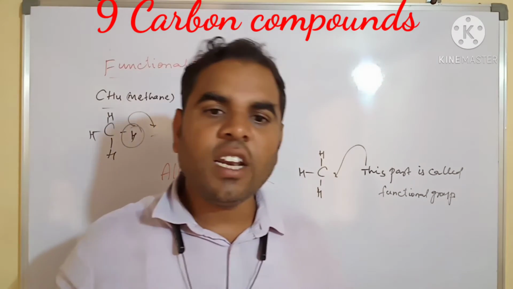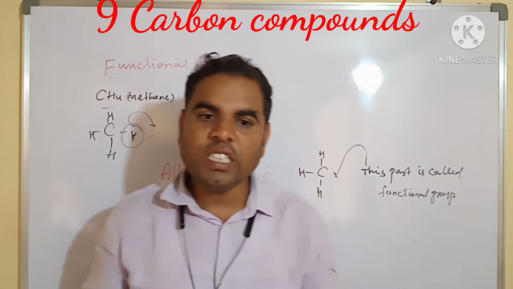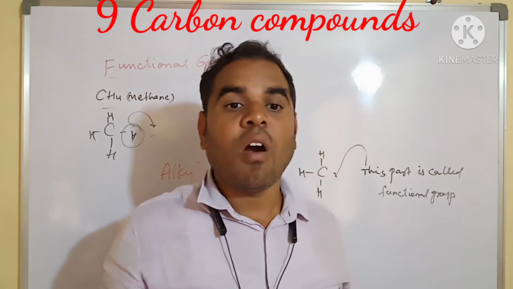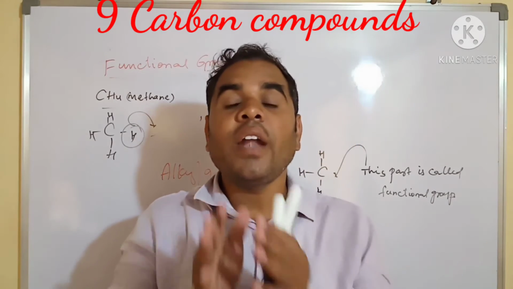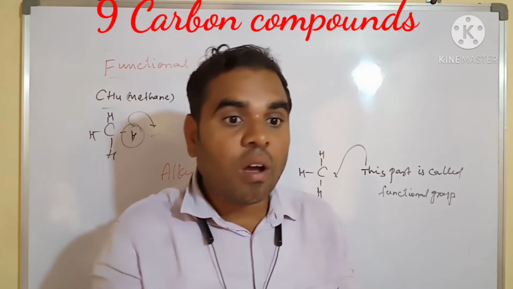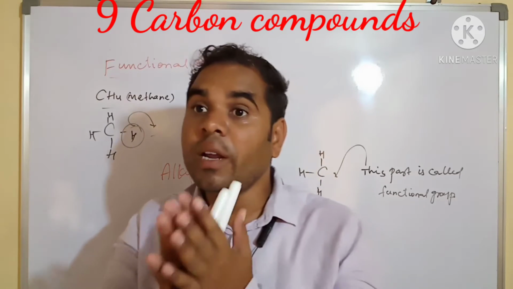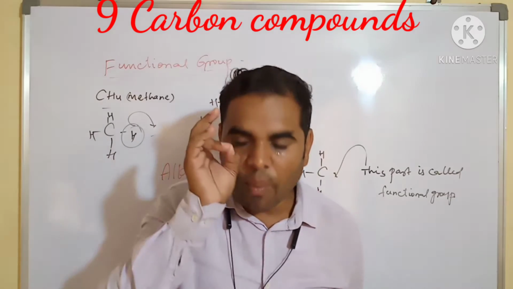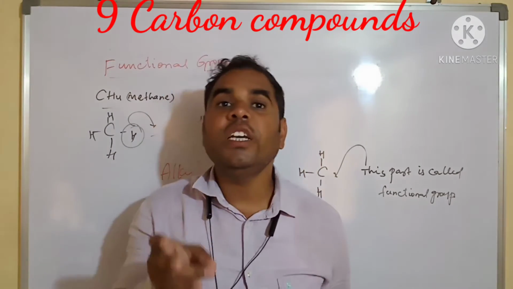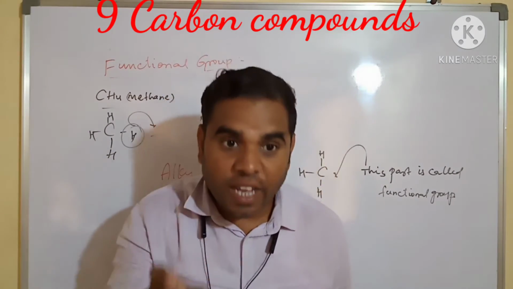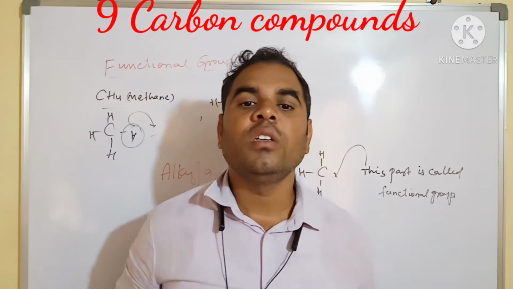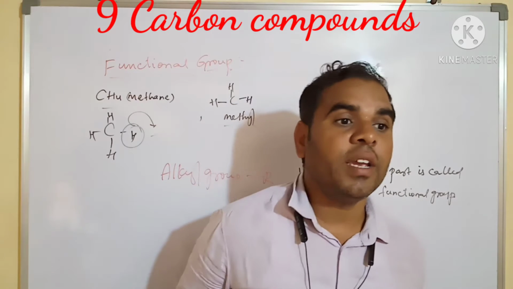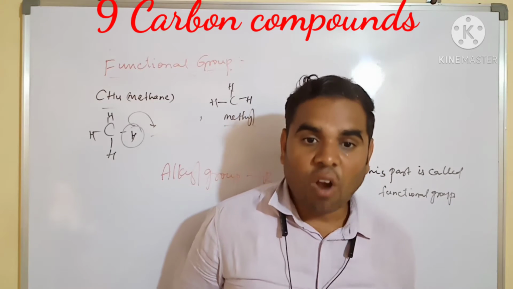Now we have to write the definition. What is the definition? An atom or group of atoms attached to a molecule or attached to a carbon compound. See, this determines the chemical properties of the compound.